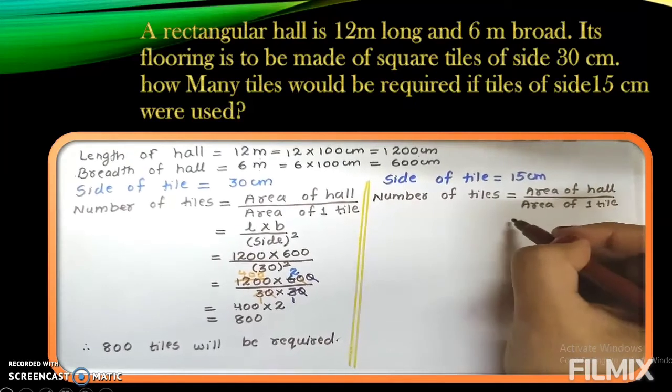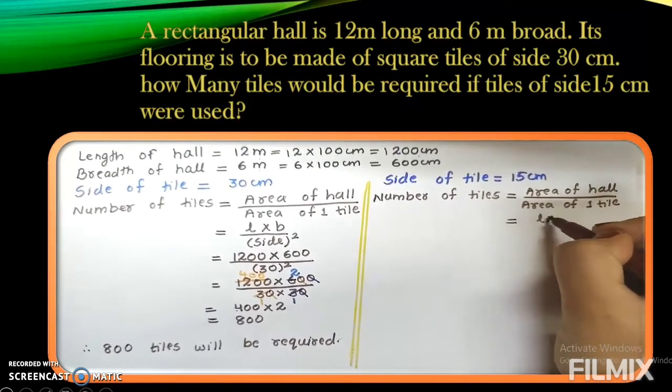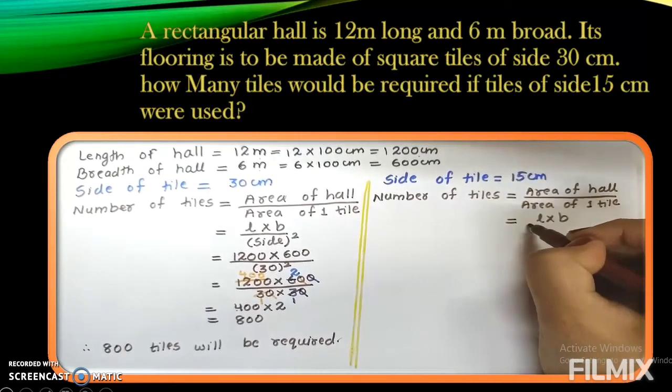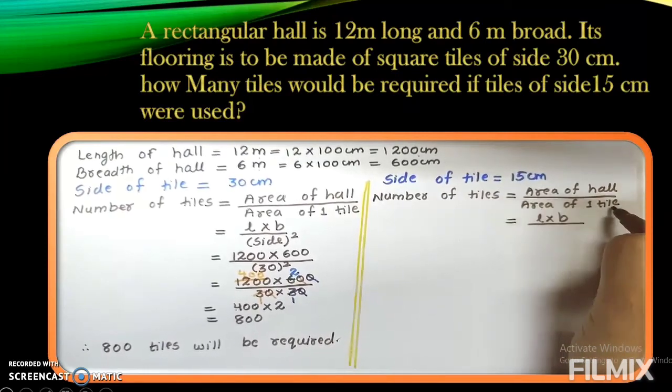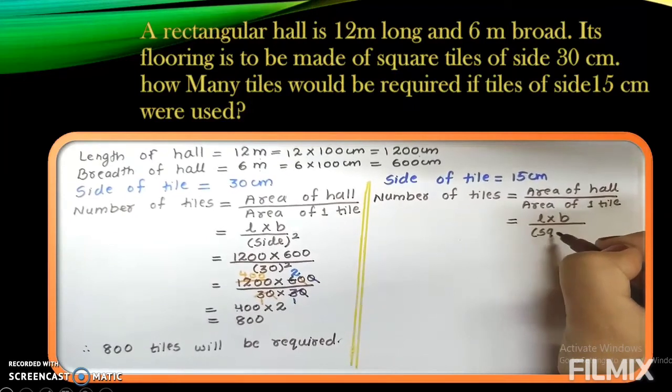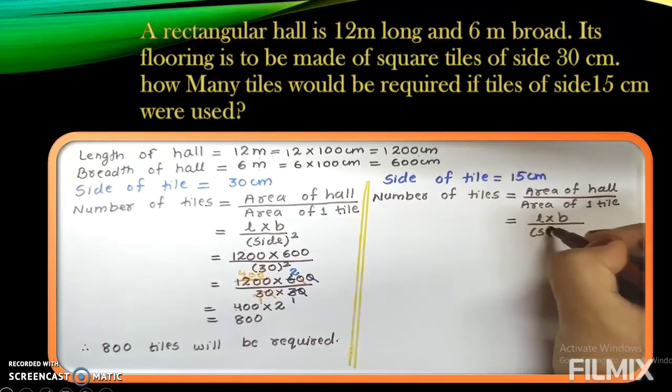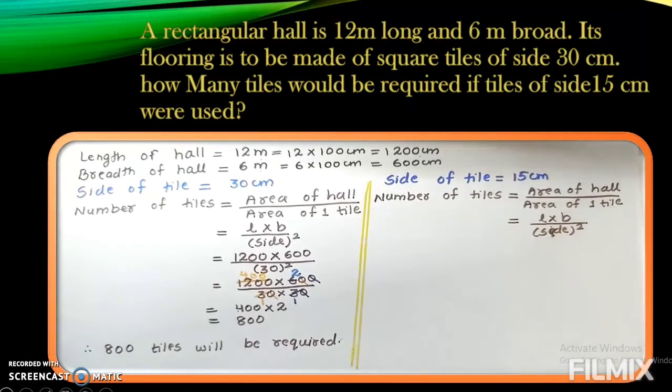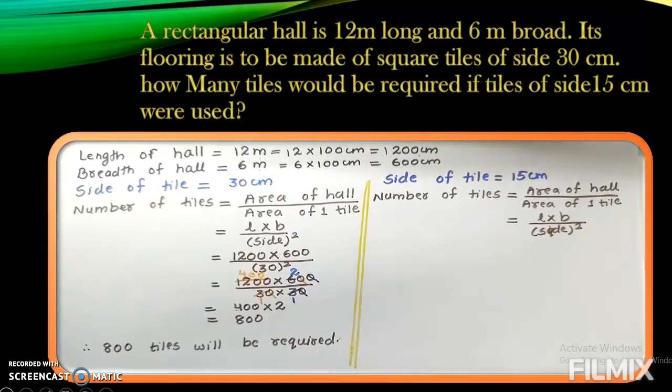Clear? Now again the hall is in which shape? Rectangular shape. So we will use the formula of area of rectangle, that is length into breadth, upon area of one tile. Tile is in square shape, so we will write area of square, side square.